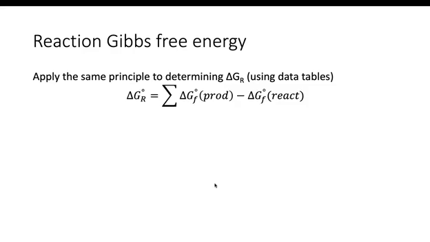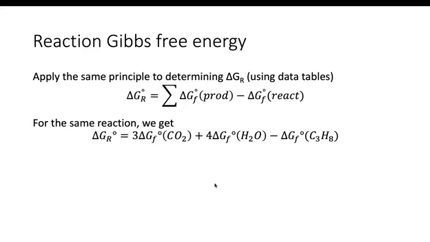So let's look at reaction Gibbs free energy for a particular process. It turns out that it's analogous to enthalpy, in that we can relate delta G to tables of the delta G's of formation of our products and our reactants, so we can sum them all up. We'll do the same thing for our same reaction.